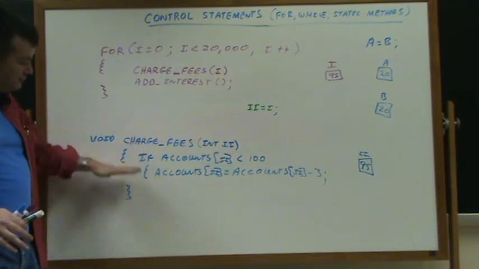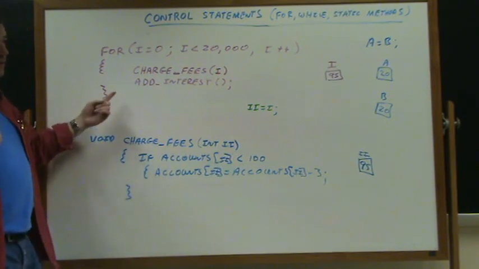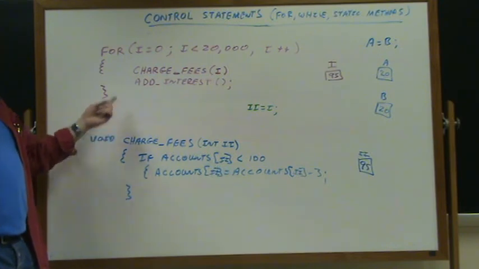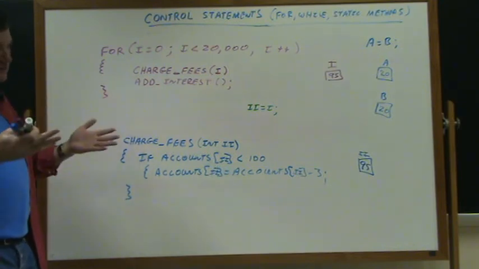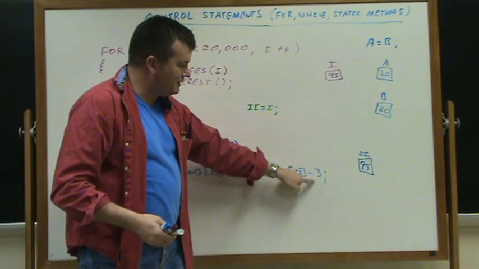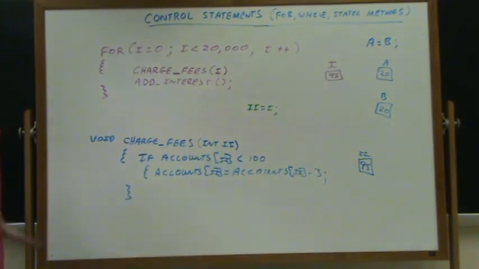It would make more sense to write it once, and then any code that wants to use that would just call this method. And then if the bank decided we're going to a $4 fee, you just change it in one spot, and everybody who's calling this method would pick up the same code.